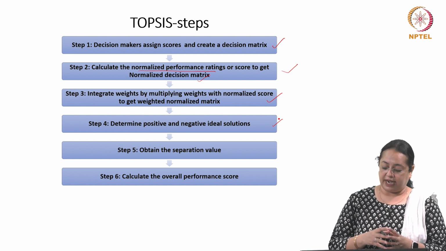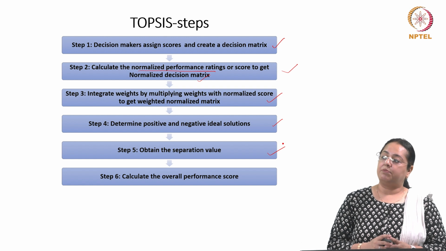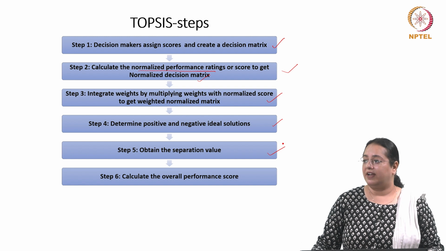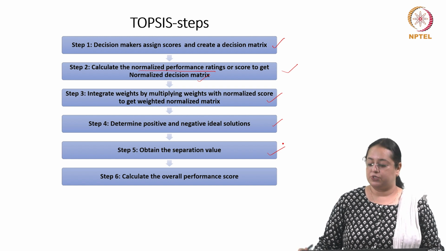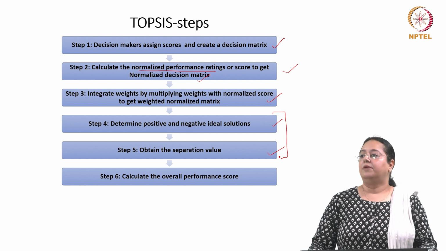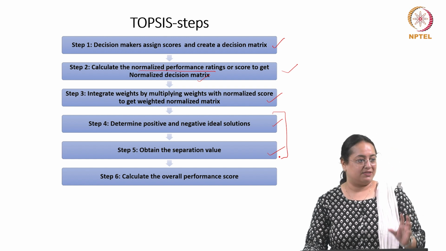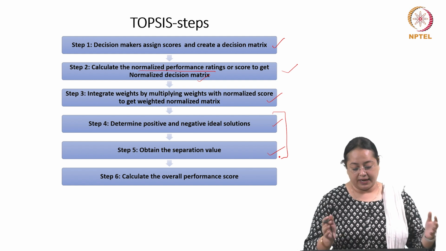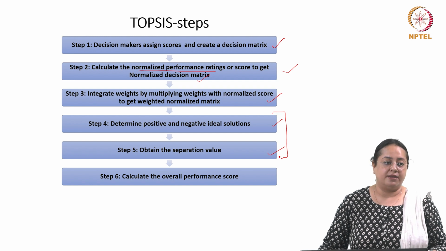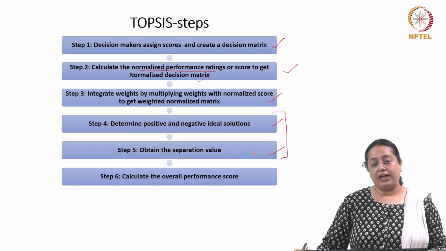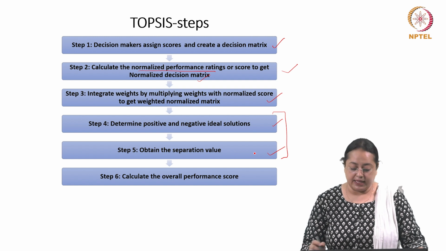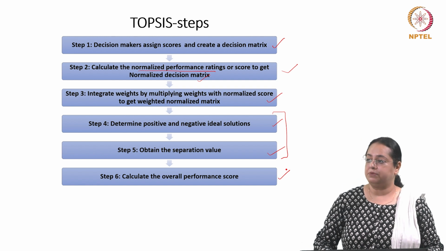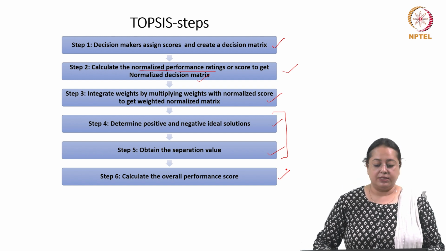Then we will get the separation value, which tells us which alternative has done well in terms of the TOPSIS concept: which supplier is closer to the positive ideal and farther from the negative ideal. Then we will determine the overall performance score. So these are the steps we would follow. Keep in mind all the steps.